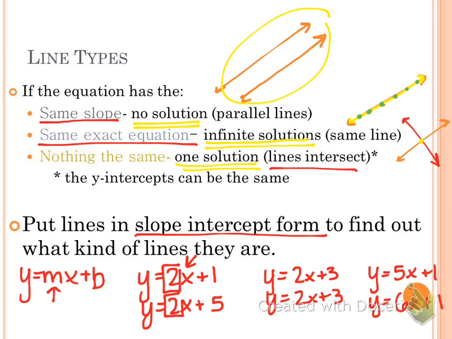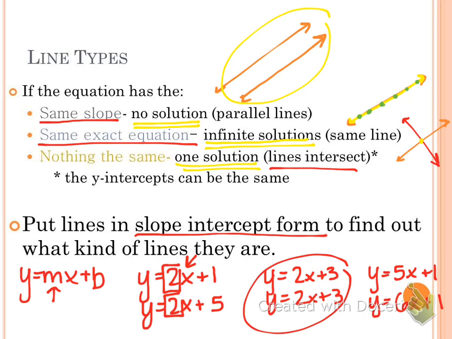Those lines will have an infinite amount of solutions, so that means no matter how far the line goes, it's always a solution, and I can figure that out by putting it in y equals mx plus b form, and they'll be the exact same equation. And then lastly, I have intersecting lines, okay, and they will have one solution because when I put them in y equals mx plus b, nothing is the same. So three types of lines: parallel, same, and intersecting.